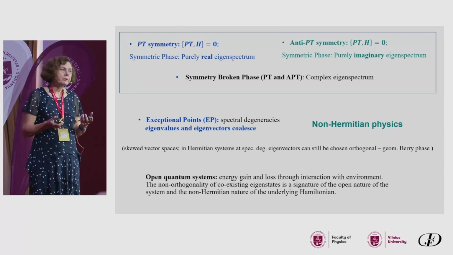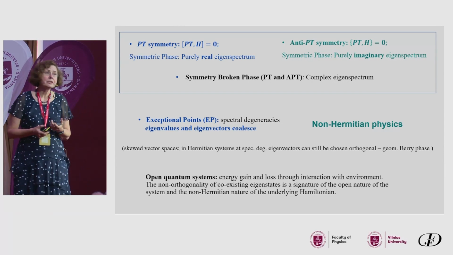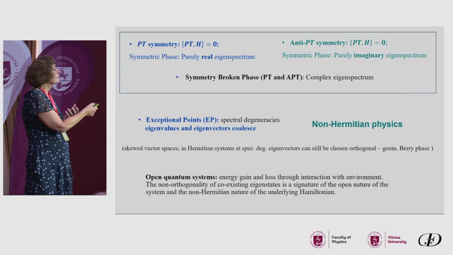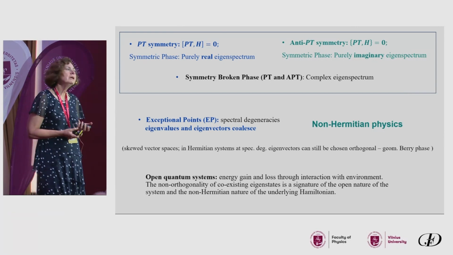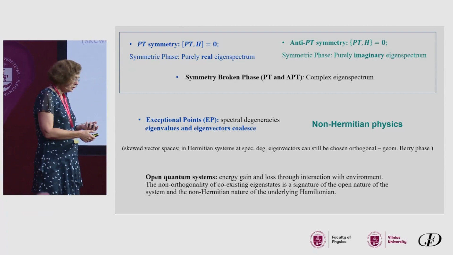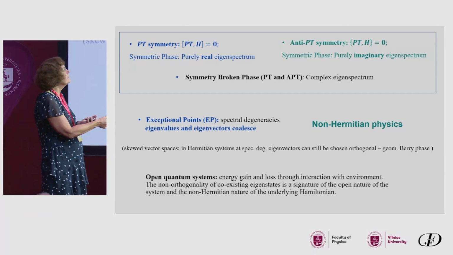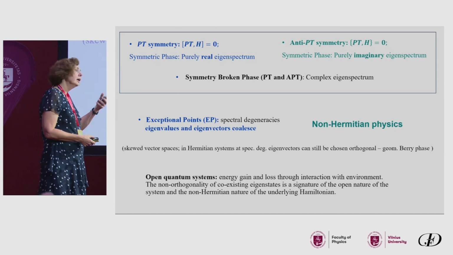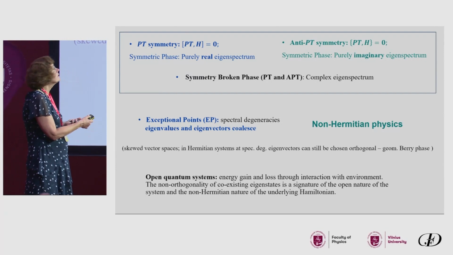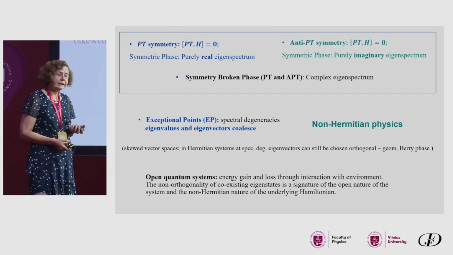It corresponds to a non-Hermitian Hamiltonian, so it's non-Hermitian physics, but it can have a real eigenspectrum, which is normally not the case for non-Hermitian systems. And it can also exist in the form of anti-PT symmetry, where parity-time anti-commutes with a Hamiltonian. In this case, we have a purely imaginary eigenspectrum.